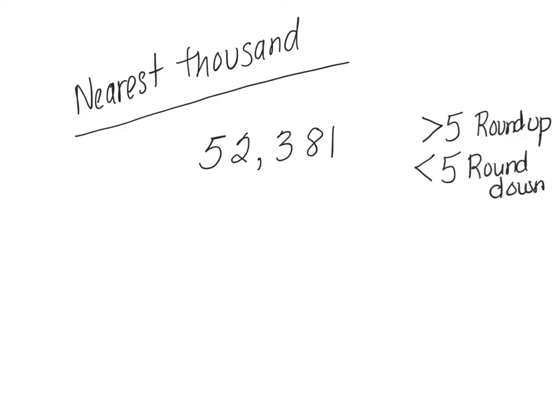Okay, so then let's look at this number. Again, we're rounding to the nearest 1,000. But now look at my number, boys and girls. I have ones, tens, hundreds, thousands. Uh-oh, 10,000s. Oh boy, what am I going to do? Well, don't panic. You are going to identify the number in the thousands place, just like we just did. No worries.